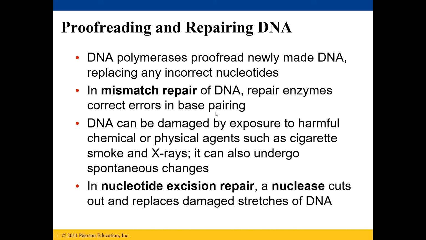When all of this DNA is being replicated, as I mentioned, A is supposed to pair with T and G with C, but sometimes there are mistakes.